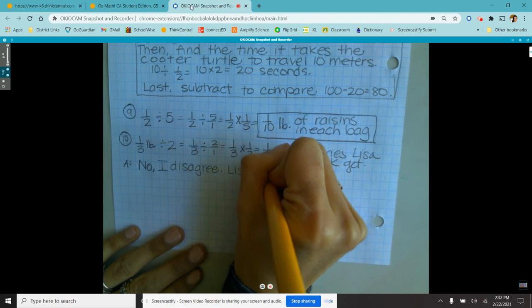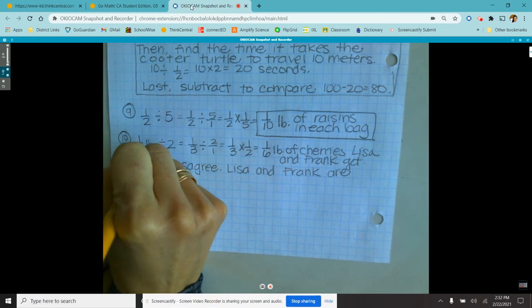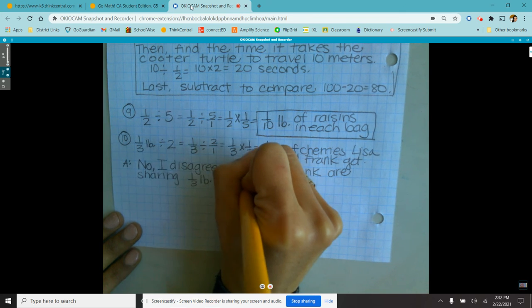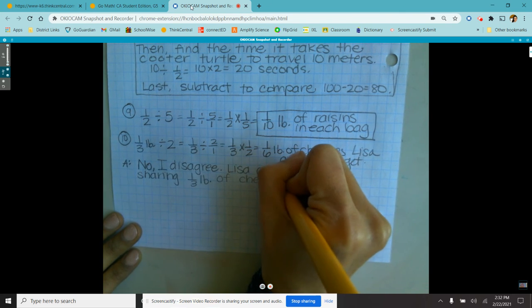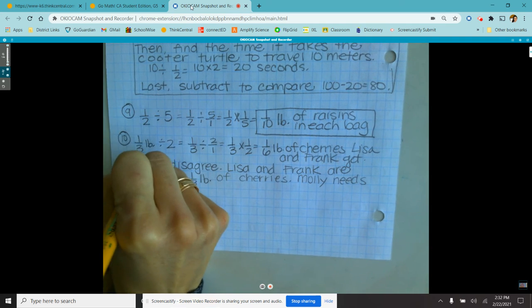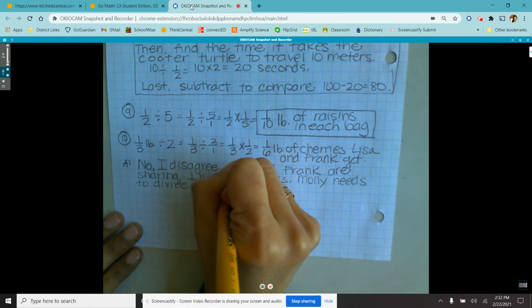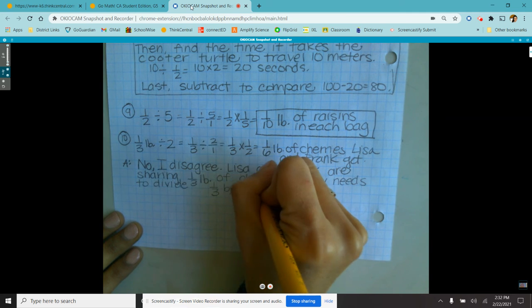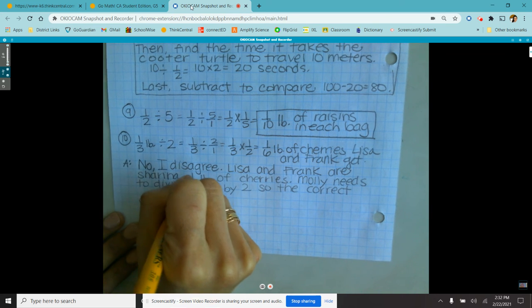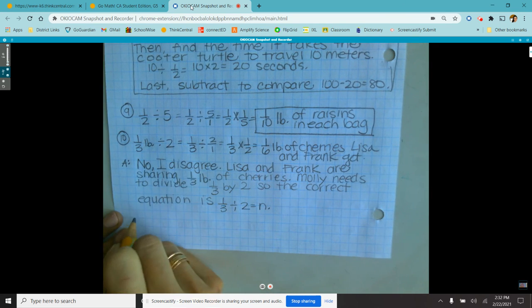Lisa and Frank are sharing 1/3 pound of cherries. There's your part A.